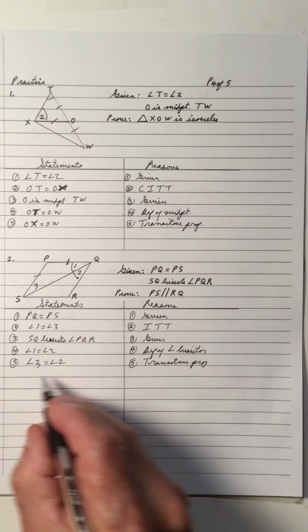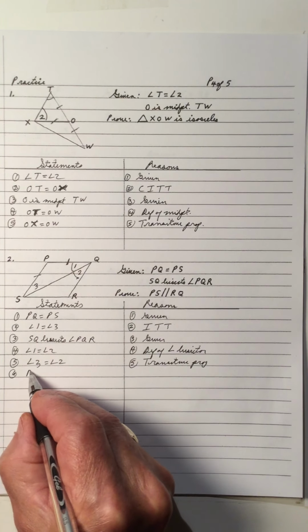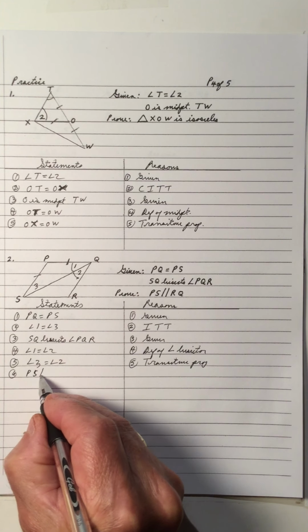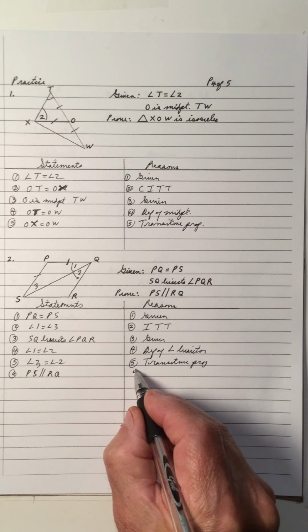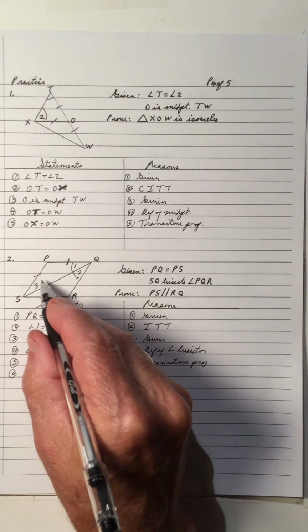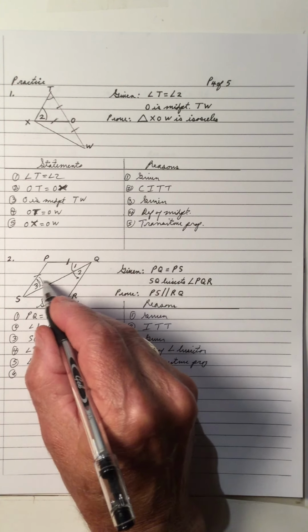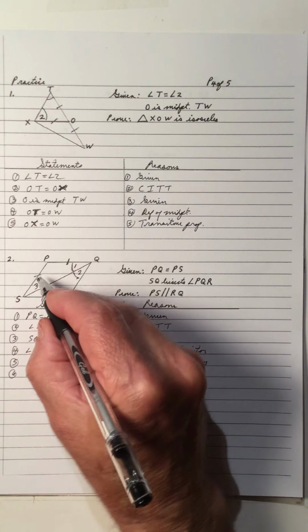And because we have these two angles equal, that means that PS is parallel to RQ, and these angles right here are equal. So that's a one stroke, that's a one stroke, so this has got to be a one stroke too to be equal.